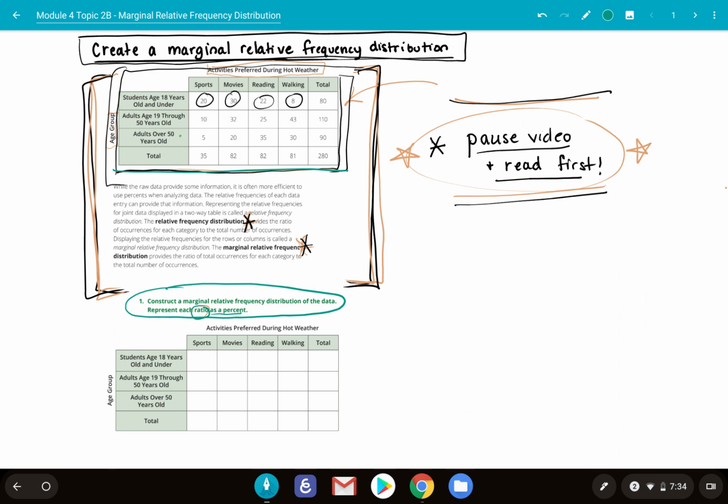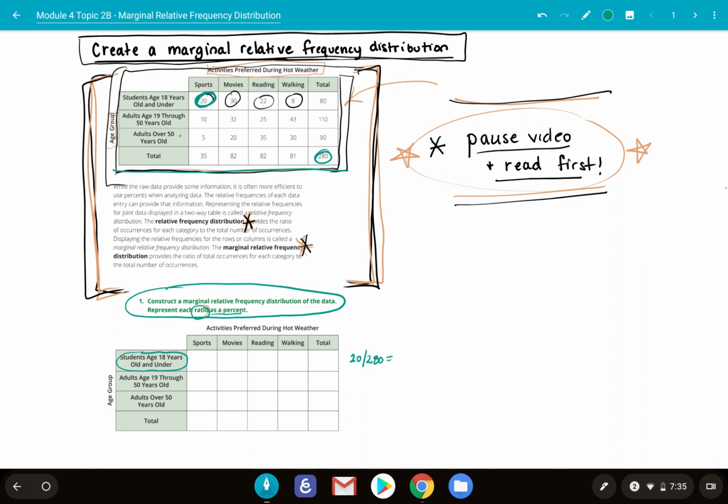What we're going to be doing is looking at each of the cells. So for the students that are 18 years or older, the students that like sports, if we look at our data, there were 20 out of 280. So for that first cell, I'm going to do 20 divided by 280. And I need to change this to a percent.